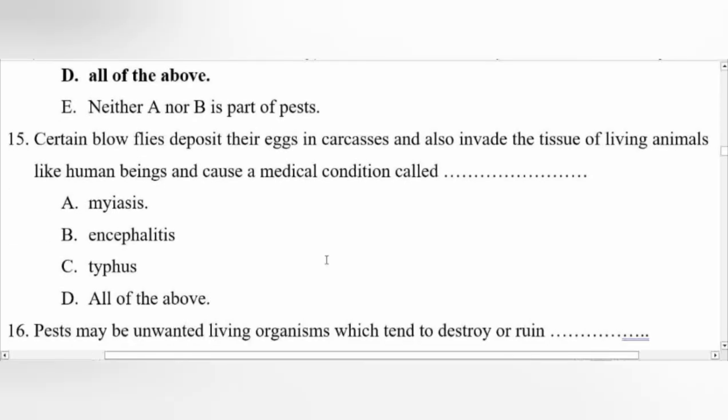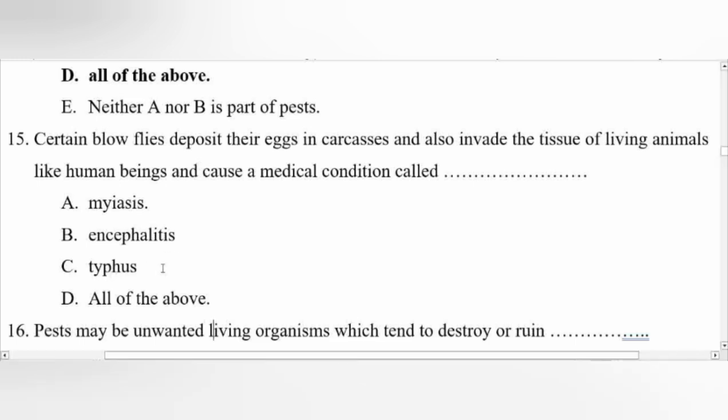Question number 15. Certain blue flies deposit their eggs in carcasses and also invade the tissue of living animals like human beings and cause a medical condition called what? Option A is myiasis, B encephalitis, C typhus, and D all of the above. Which one should be your best option? If you choose all of the above, it means the first three are conditions caused when certain blue flies deposit their eggs in carcasses and invade the tissue of living animals.